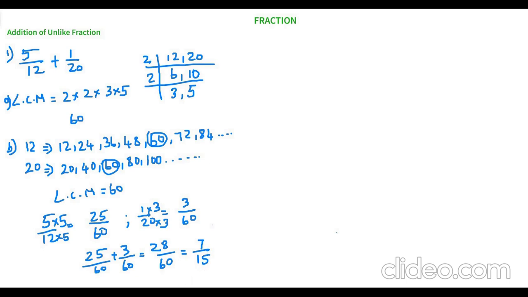Now let's take another example. Our second example is 1 by 12 plus 3 by 18. Now we have to take the LCM of 12 and 18 because they are unlike fractions.